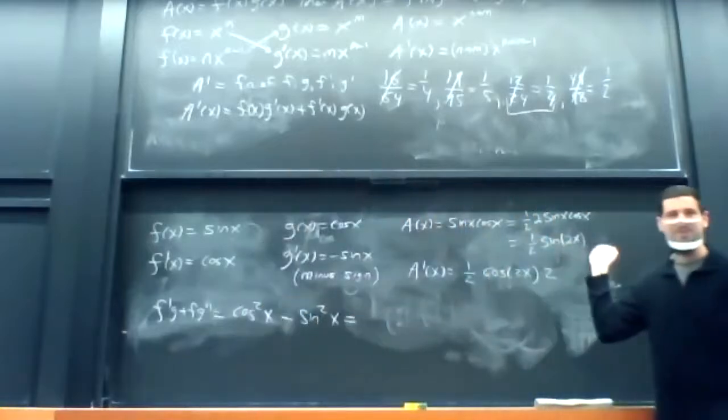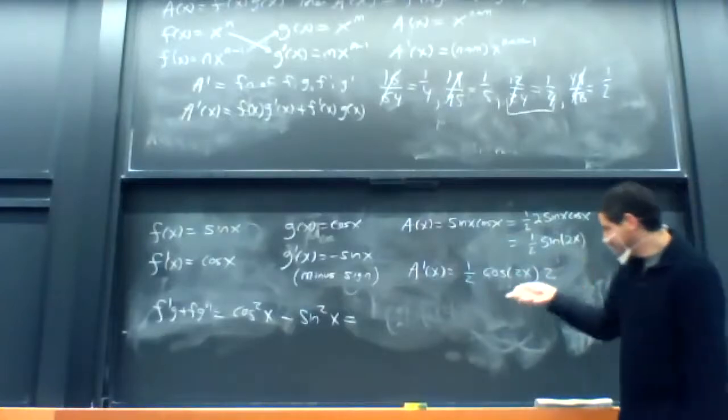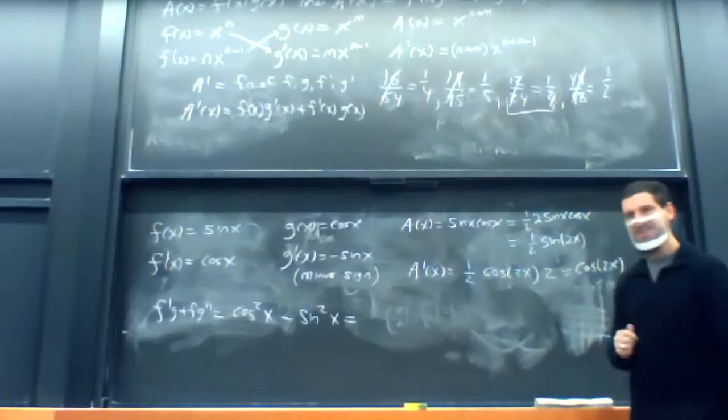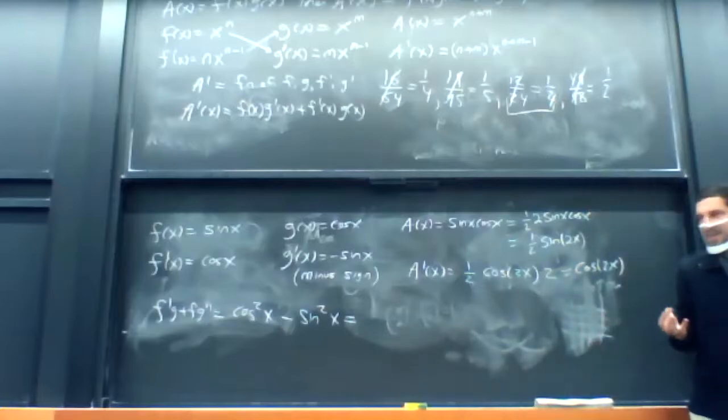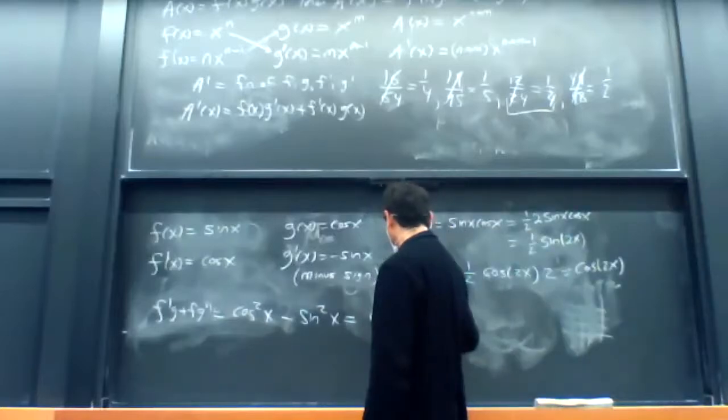If you look at the board, there's only one thing it can do. What does it have to equal? It has to be cosine of 2x. If the product rule is to hold, it has to be cosine of 2x.